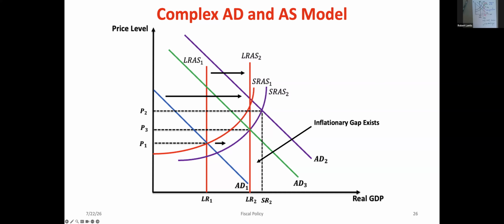That's at a current GDP that's too high. There we had an inflationary gap. GDP was too high. We want to reduce it. What would we do? We need to decrease our aggregate demand curve. How can we do that? Decreases in aggregate demand would have to mean we either increase taxes or decrease government spending. So it's using the same principles we talked about last class, just complicating it with simultaneous shifts.